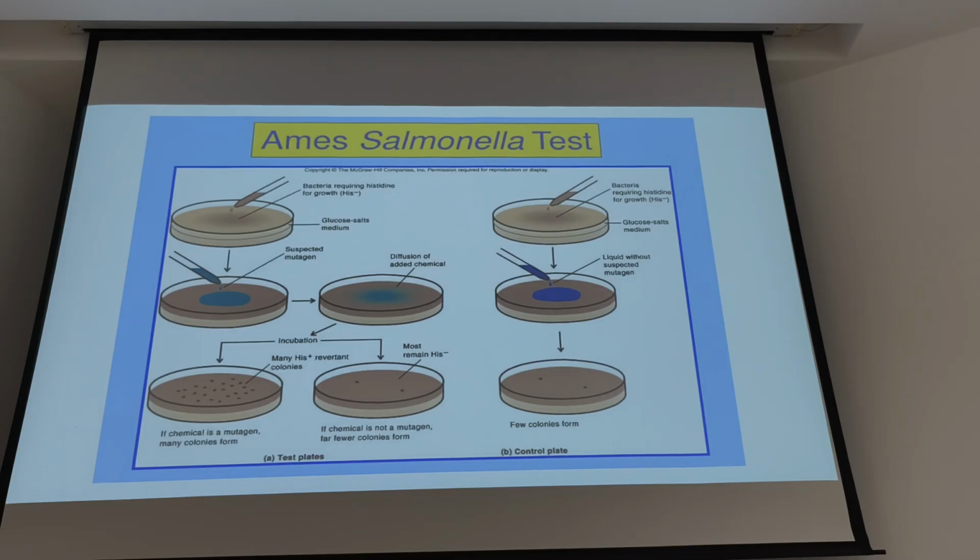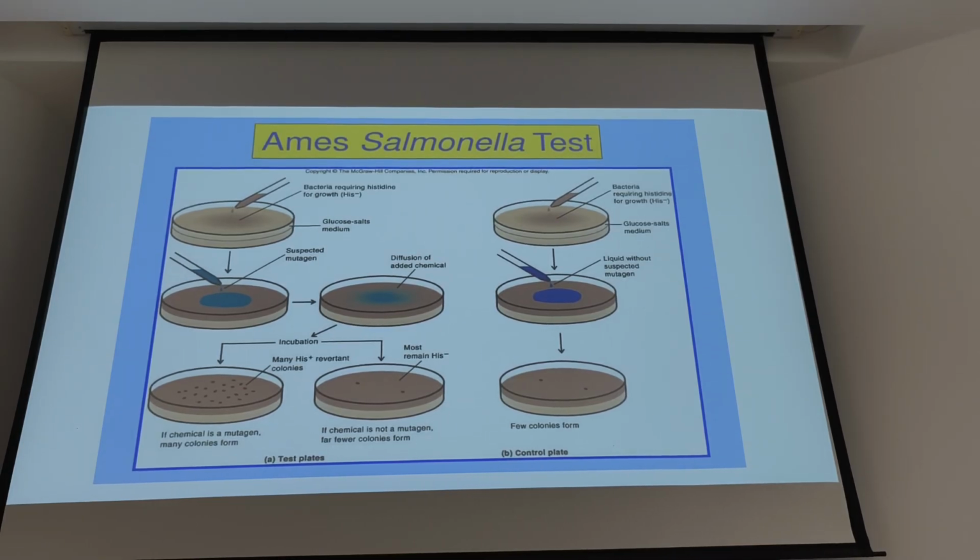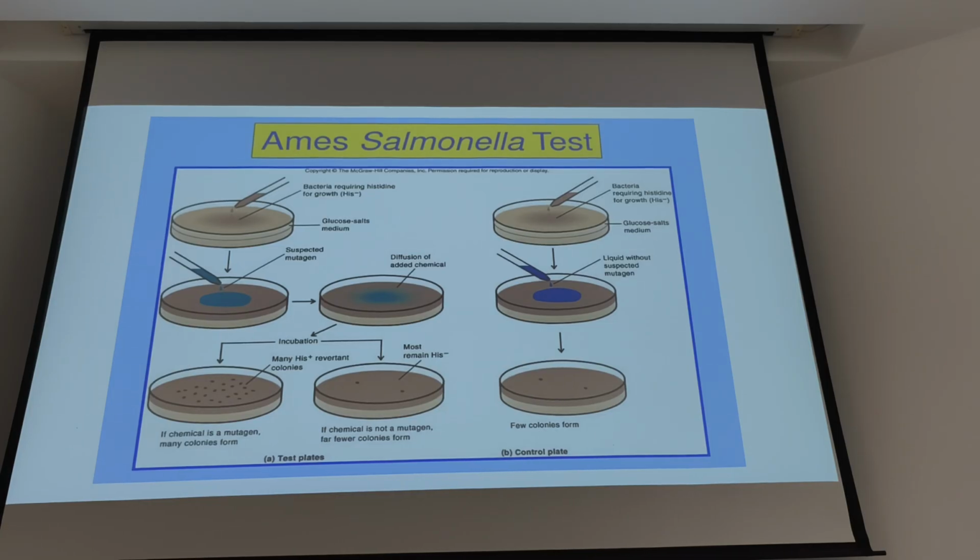Therefore, if the bacteria has been incubated with some genotoxicant, they will alter their genetic material, alter their DNA, which might reverse their genes back to the insensitive to the nutrient.